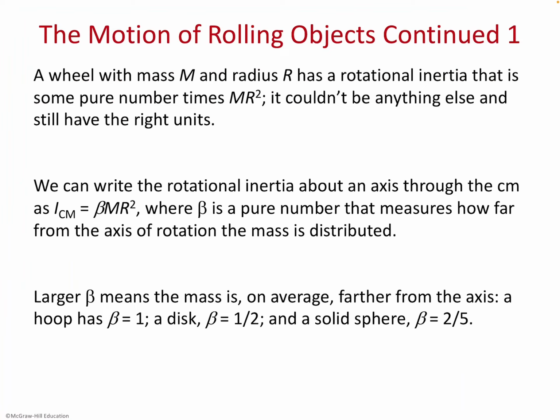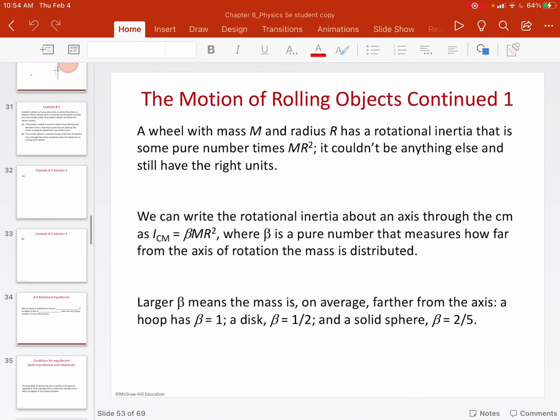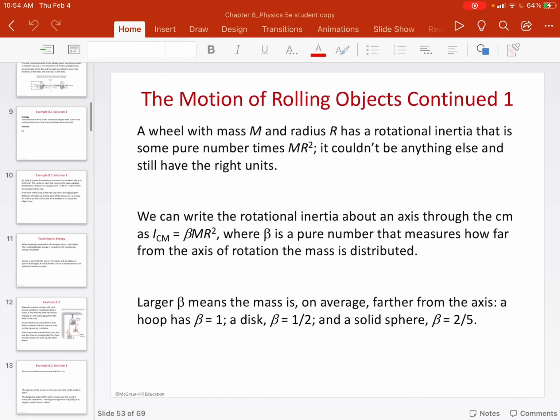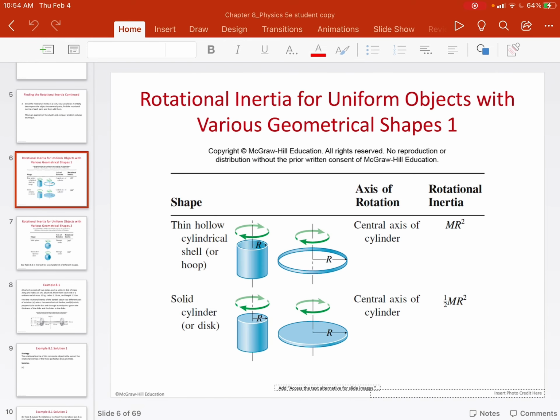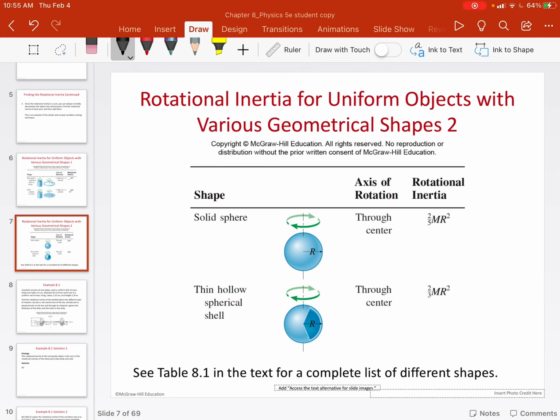All right, so we stopped on this one, and I think we already have a lot of these written down. I just wanted to go over it again. These beta values, like this 1 and this 1/2, refer back to table 8.1. If you've got a hoop or a disc, it's that 1/2, or there's no number in front.